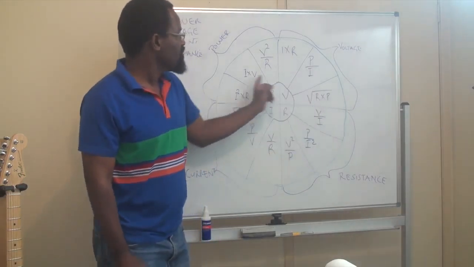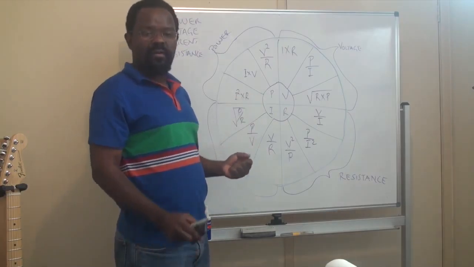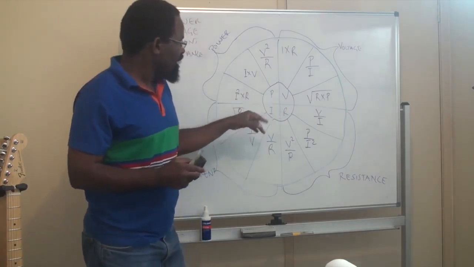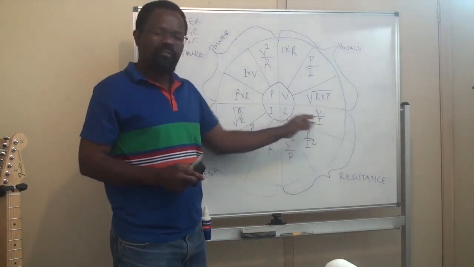We'll derive some of these from the power. Now let's come to resistance. Resistance is equal to voltage over current.